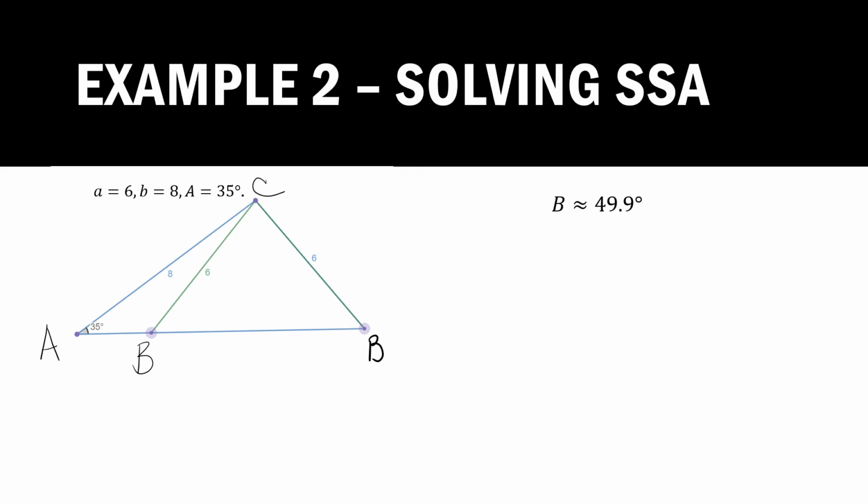Now that we know that angle B is 49.9 degrees, that means this angle here is 49.9 degrees. Now I notice that these two sides are both 6, so that makes an isosceles triangle. So that means this angle over here is also 49.9 degrees.